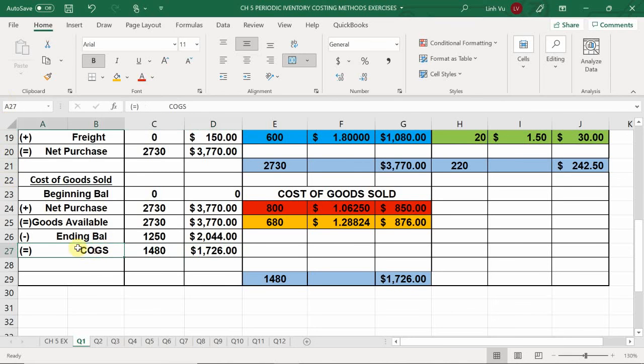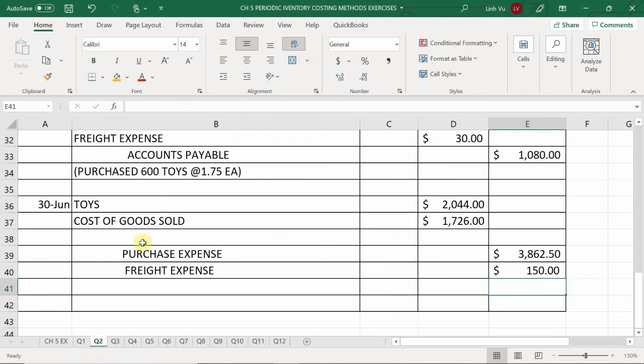That was my cost of goods sold, and this one right here is my ending balance in my inventory. So if you remember the chart that we had earlier, the questions I was asking was, what was my ending inventory? It was the 2044. What was my cost of goods sold? The 1726, because that's what we solved for in the table.